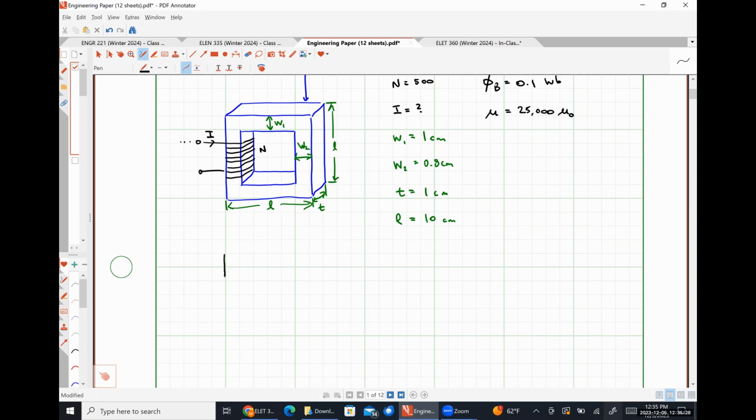So this is going to be the reluctance of the left-hand leg. Then I'm going to have a voltage source representing my MMF. Over here, I'm going to have the reluctance of that top leg.